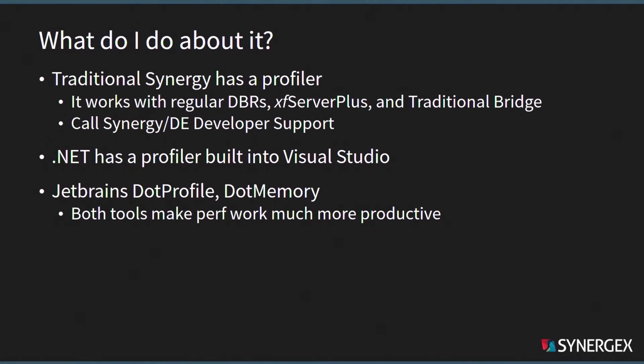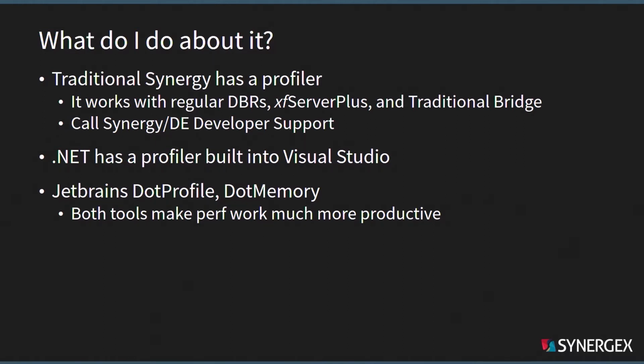In addition to the profilers built into Visual Studio, I am a huge fan of JetBrains performance analysis tools. .profile is excellent. It is really, really good. The thing that differentiates it from Visual Studio is the querying and drilling down, which get you to what went wrong a lot faster than the Visual Studio Profiler does. Same deal with .memory.